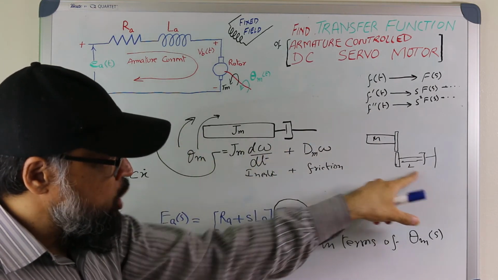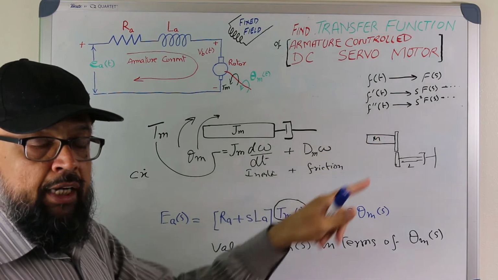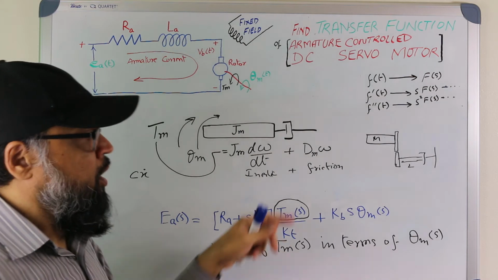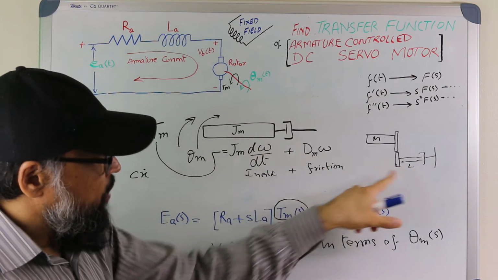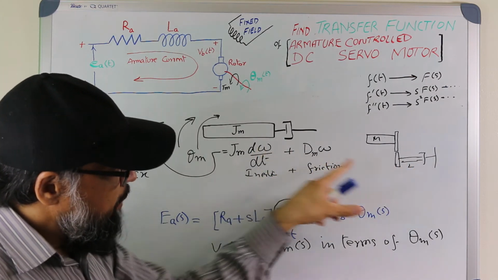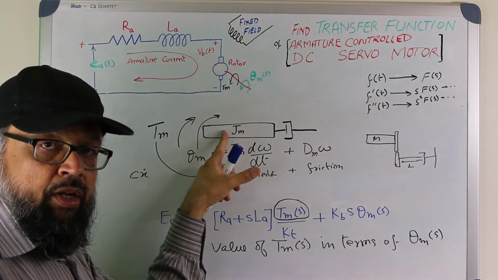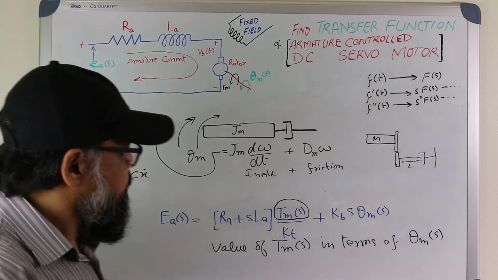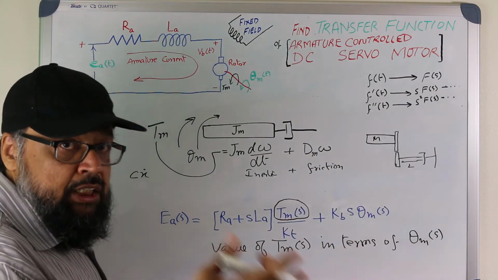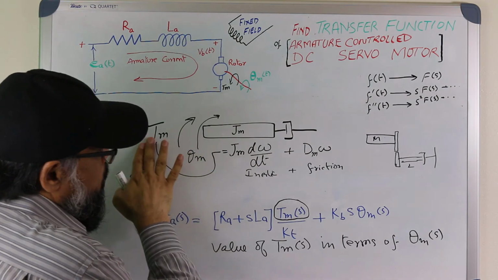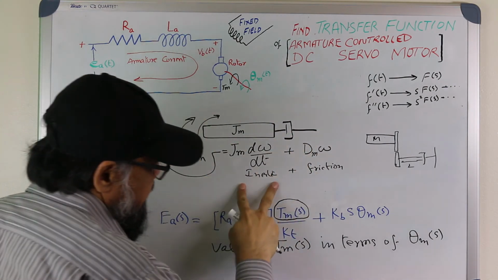So this load will also be contributing, and the ultimate contribution comes to the armature winding. So this load effect is also included in DM, and this load effect is also included in this JM. But this we will discuss in the next video.